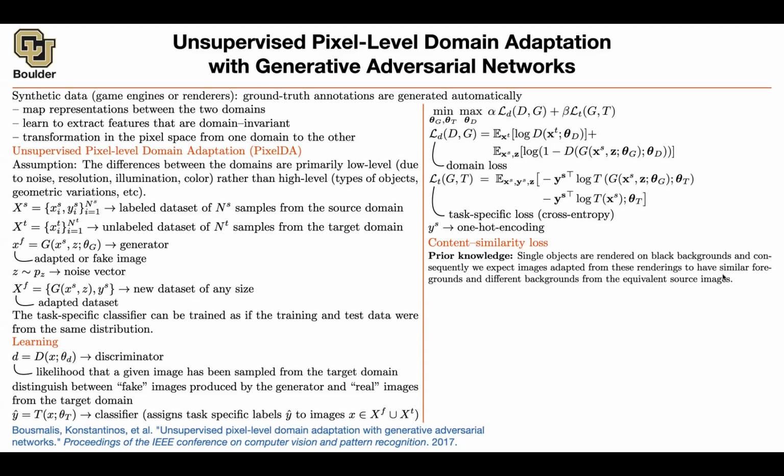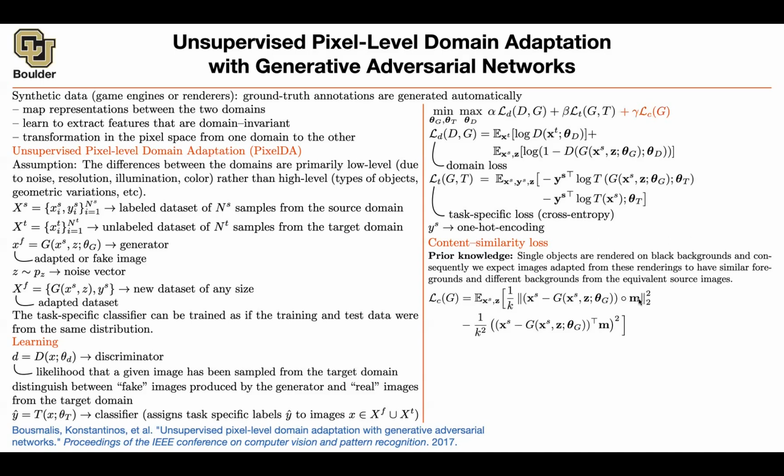And we can leverage that knowledge about the way you generated your synthetic data. How can you leverage it? You put it in your loss function. You add an extra term to your loss function. What is that term? You say that if I take a source image, which is rendered, and generate an image in the target domain, I compare it to the source image, only looking at the foreground.